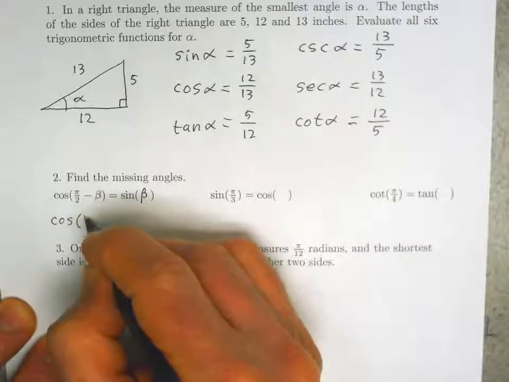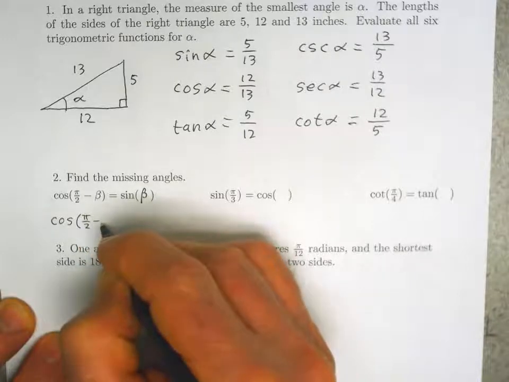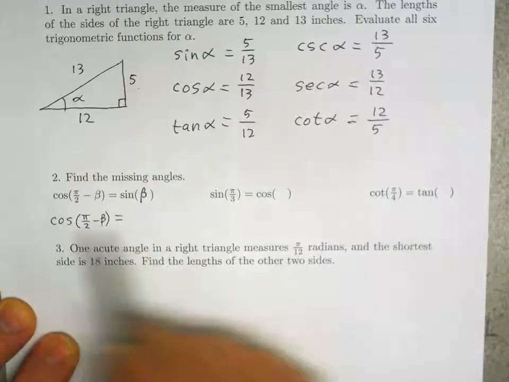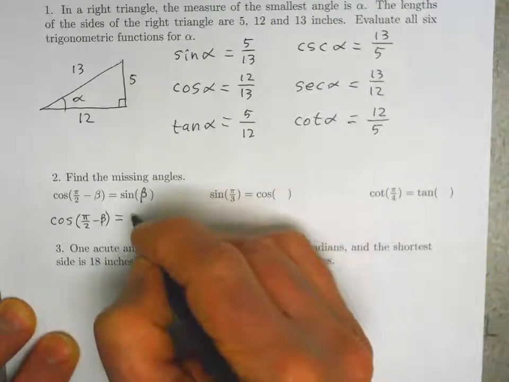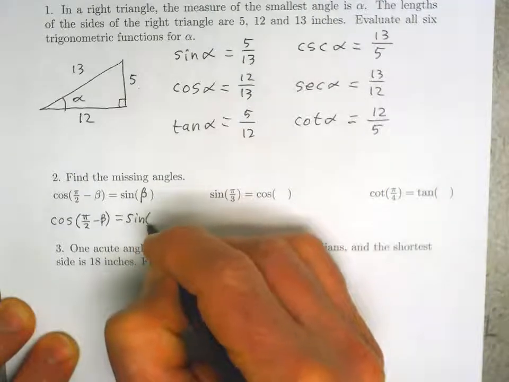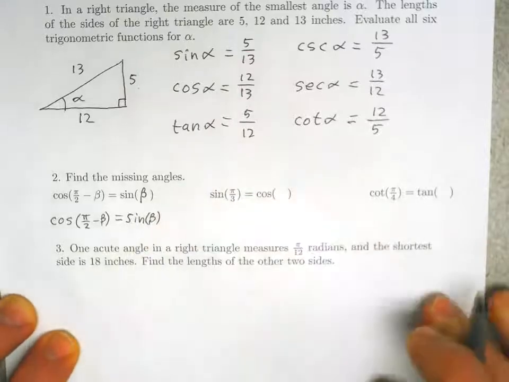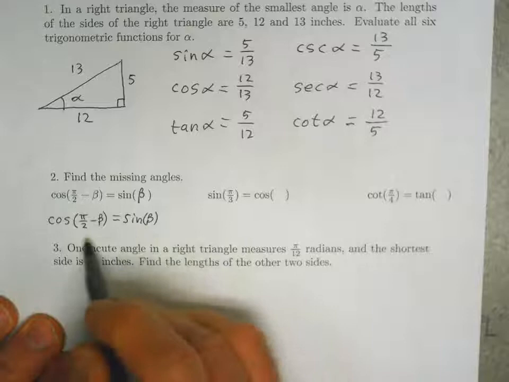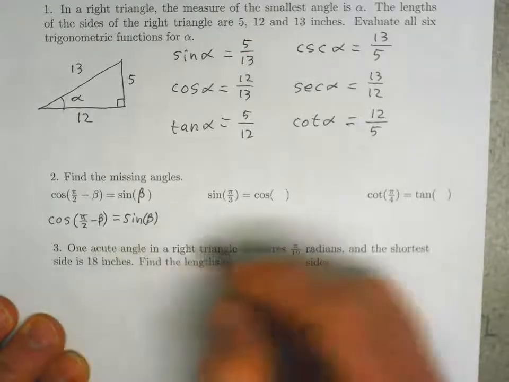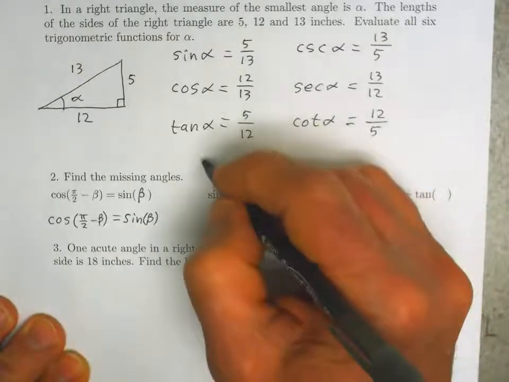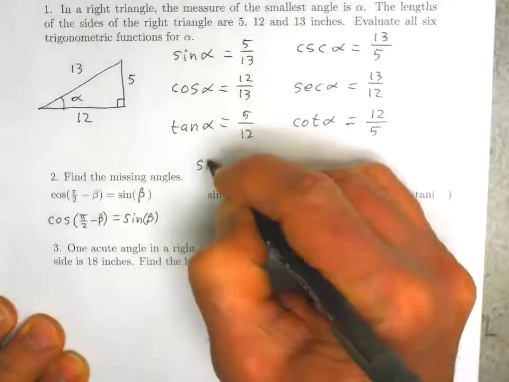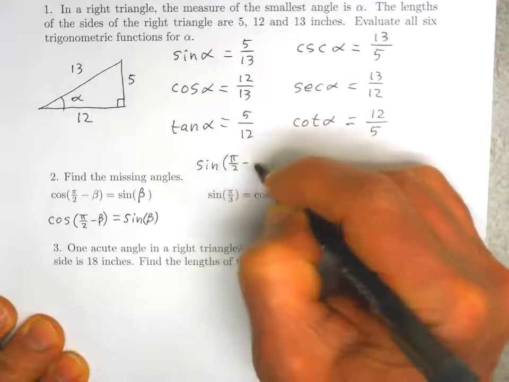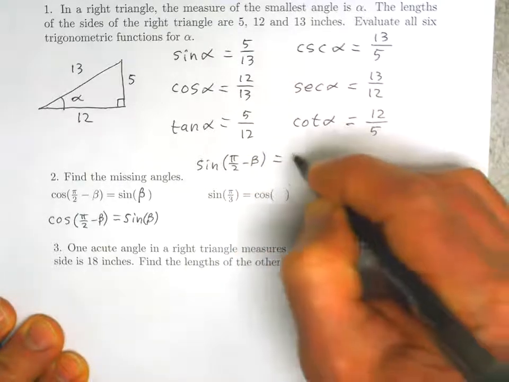Cosine of pi over 2 minus beta is literally one of the cofunction identities, sine of beta. But it also works the other way. Up here I'll write that sine of pi over 2 minus beta equals cosine of beta.